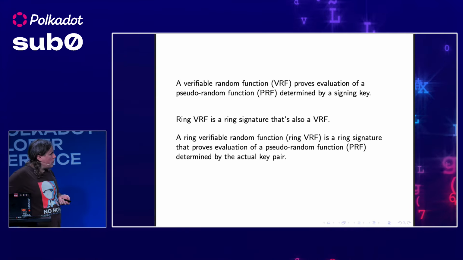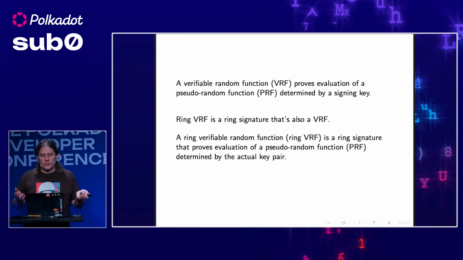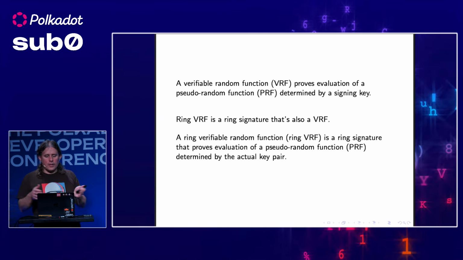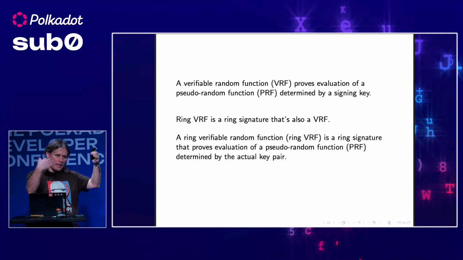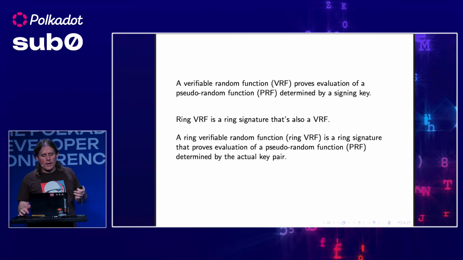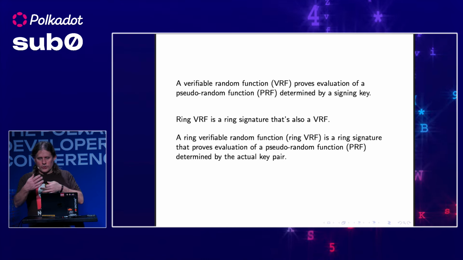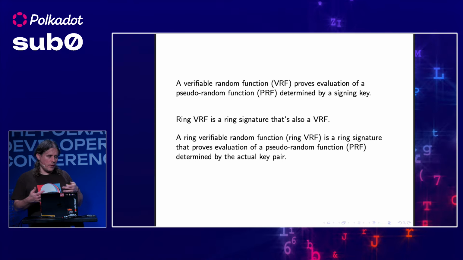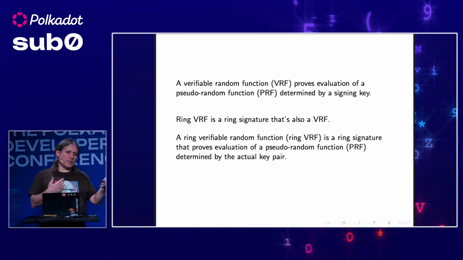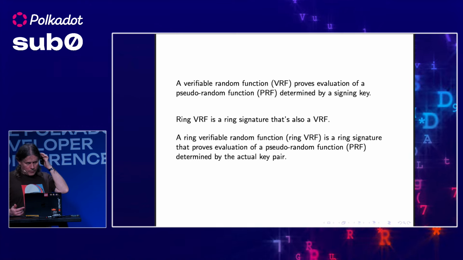Now, a thing that people have probably heard of is verifiable random functions. We use these a lot in Polkadot. They're just a signature where the secret key defines some random function. What random means is that what you get out of it is going to be an unpredictable element, unpredictable if either the secret key was unknown or the input was unknown.